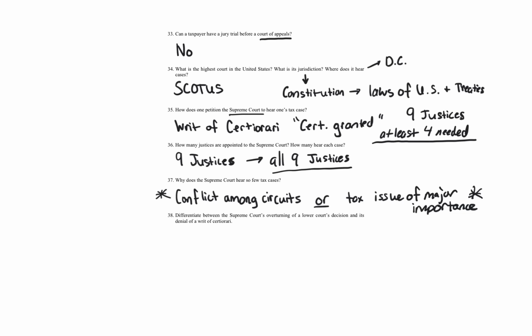Question 38. Differentiate between the Supreme Court's overturning of a lower court's decision and its denial of a writ of cert. So I talked about this earlier. When the Supreme Court denies cert, certiorari, the Supreme Court is not, I repeat, not upholding the lower court decision.